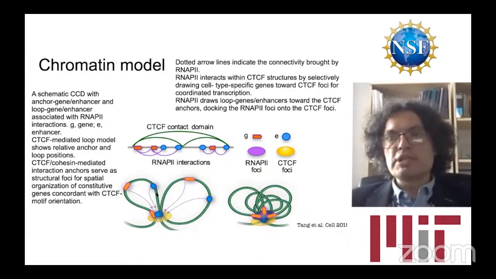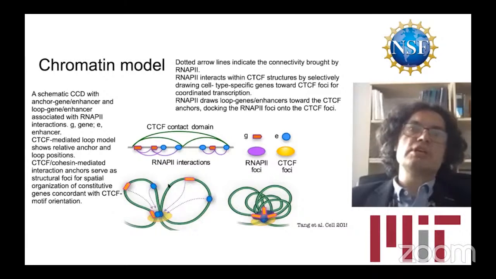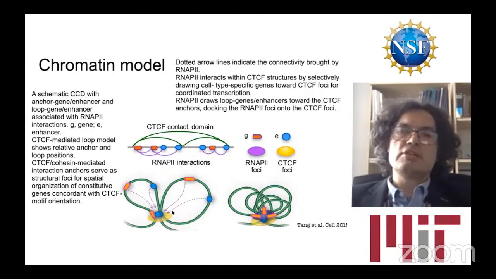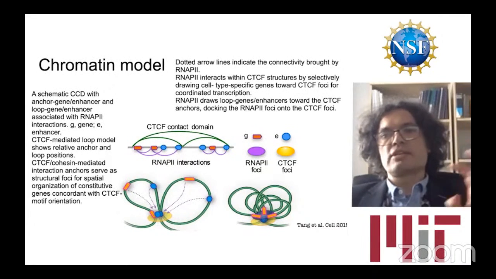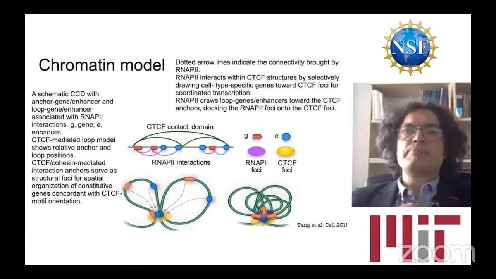responsible for the chromatin architecture, whereas RNA-Pol2 interactions are more dynamic. They form for a shorter period of time and then reassemble, drawing genes and enhancers towards so-called interaction centers. So it's like condensation of phases in the system.